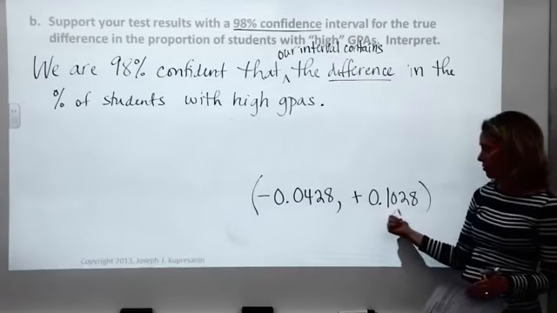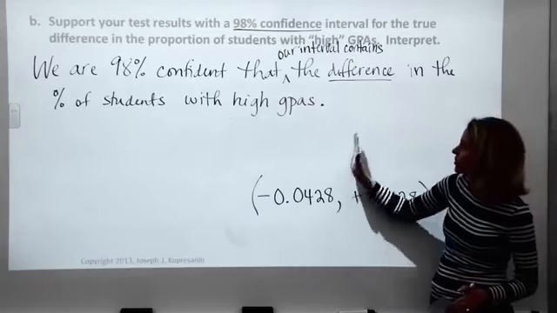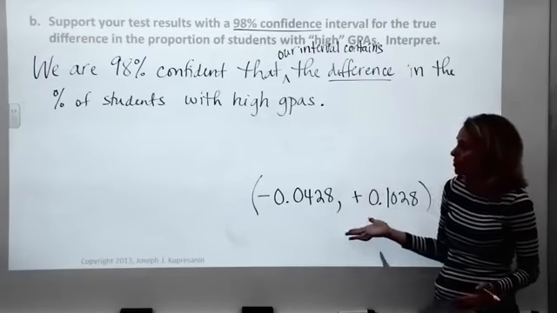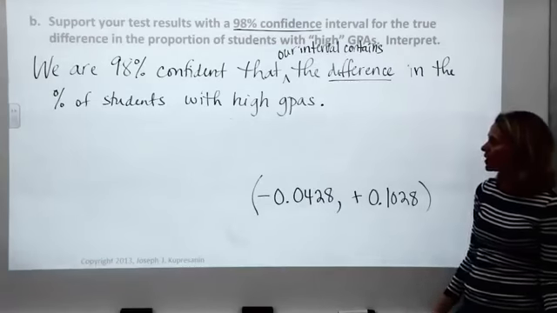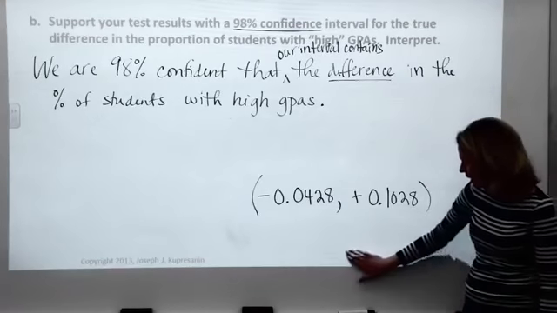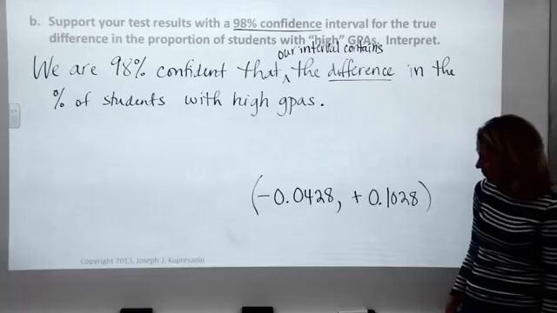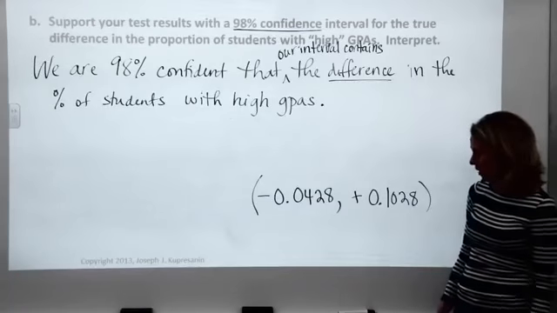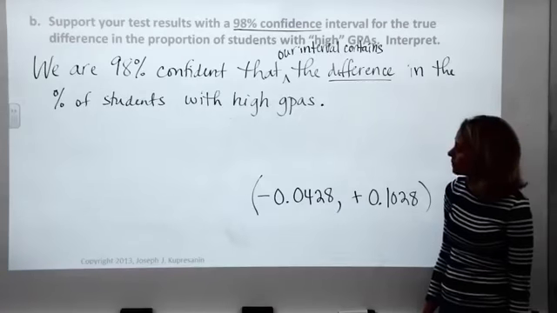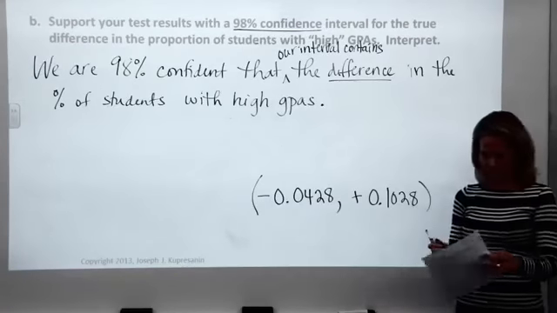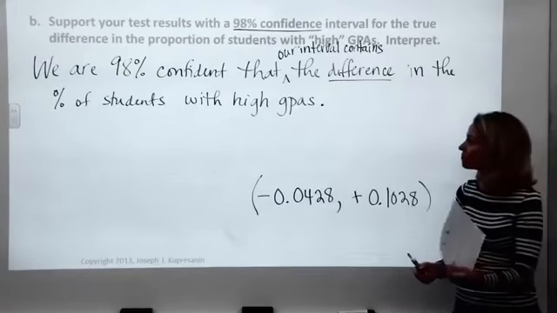The difference here is 10%. So obviously a difference of 0 there is not right in the middle, but it's in the interval. So we didn't find evidence that the percentage of students with the high GPAs is any higher at Cecil than it is at Hartford. So completely agrees with what we found there from Part A.